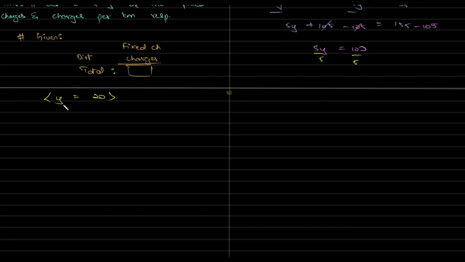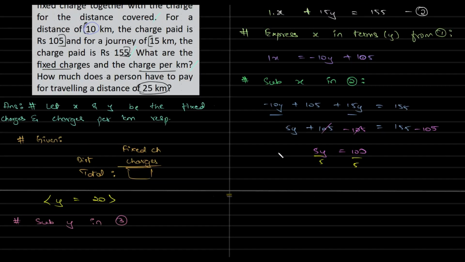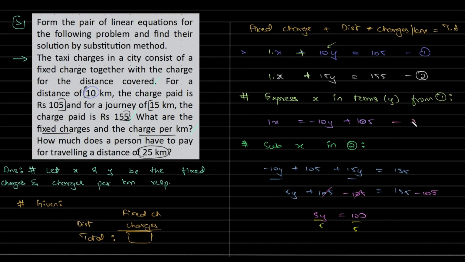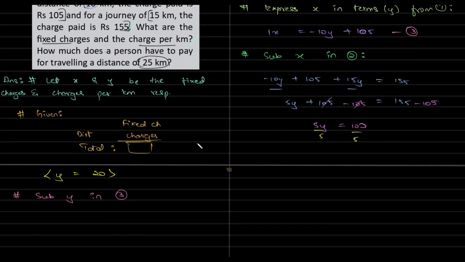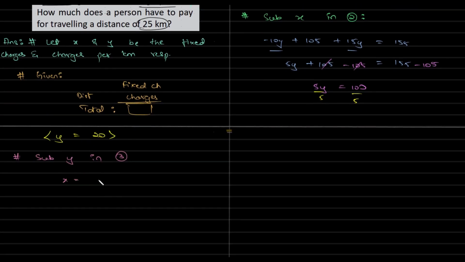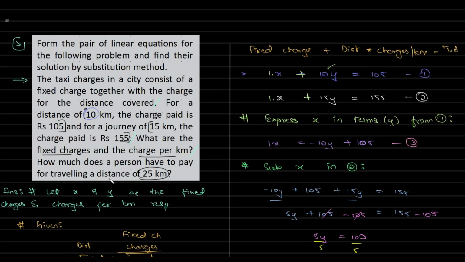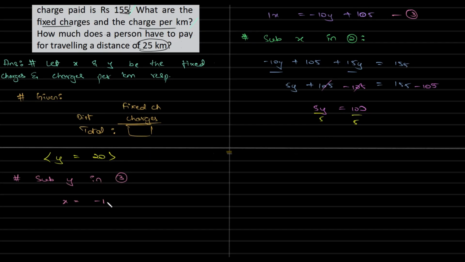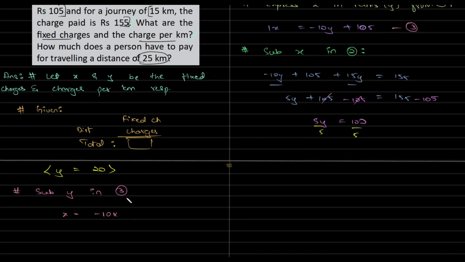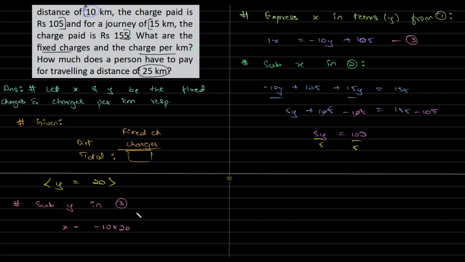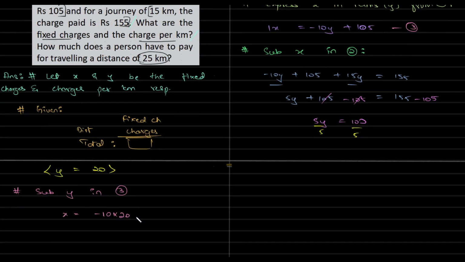Rupees 10. Anyways, we'll summarize the answer. And then we'll substitute y in equation 3. So you have x is equal to minus 10 into 10, plus 105.